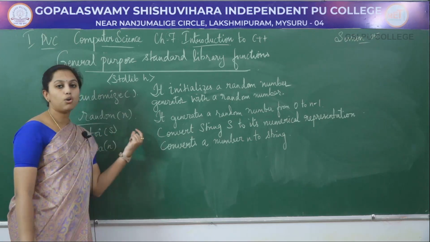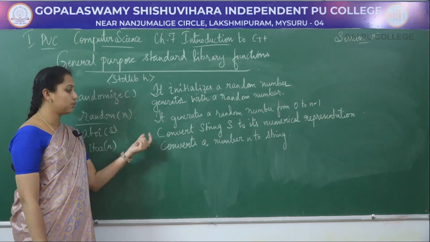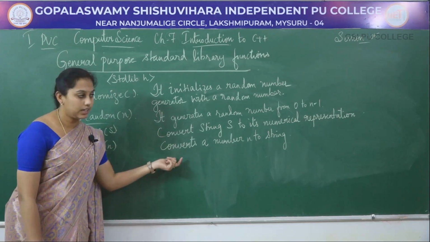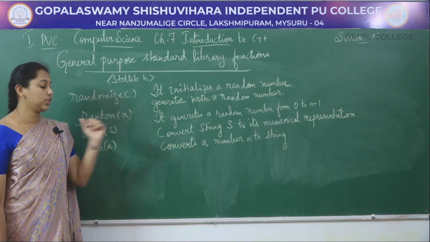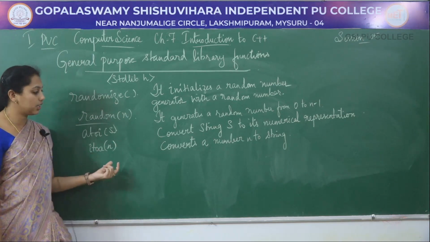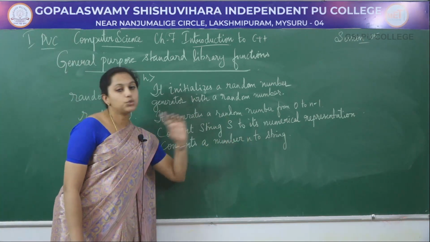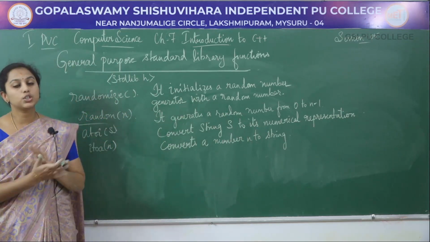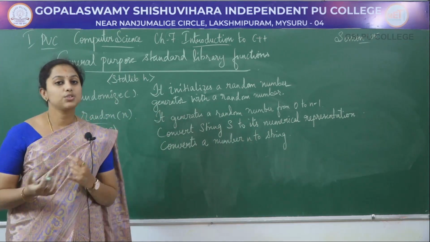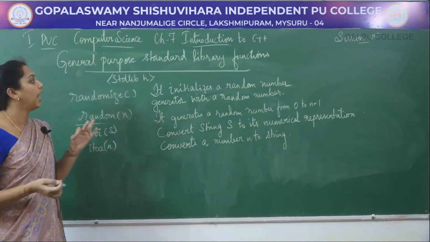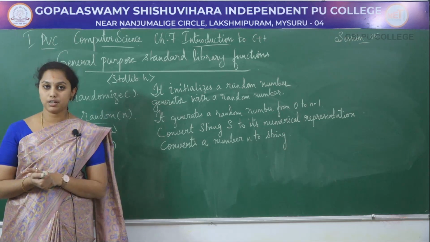The atoi of s function is used to convert string s to its numerical representation. And the itoa function is used to convert a number n to a string. So in this session we have studied string functions, console input output functions and standard library functions.